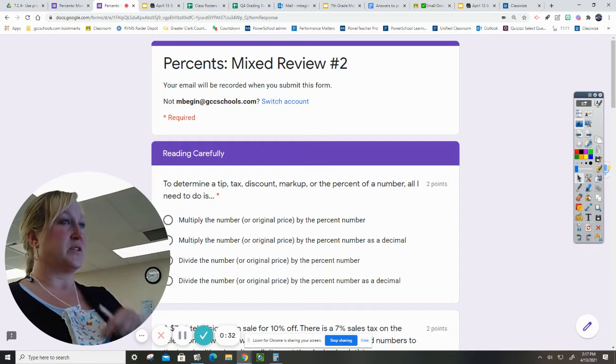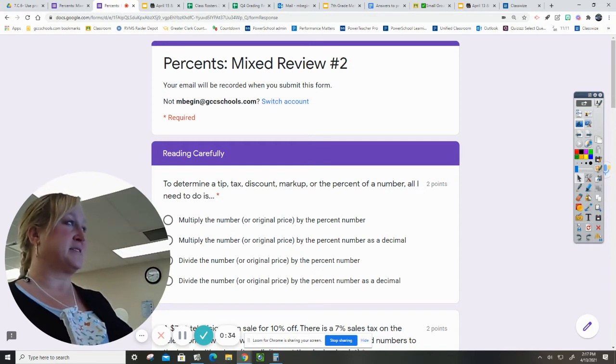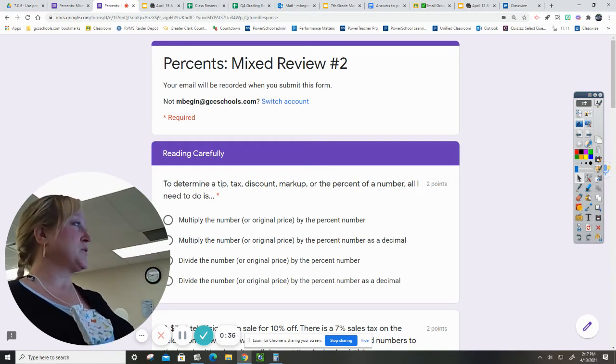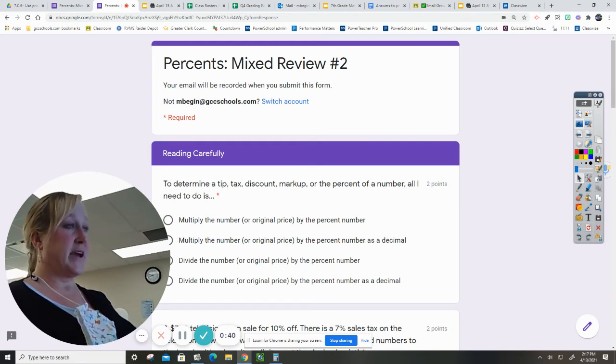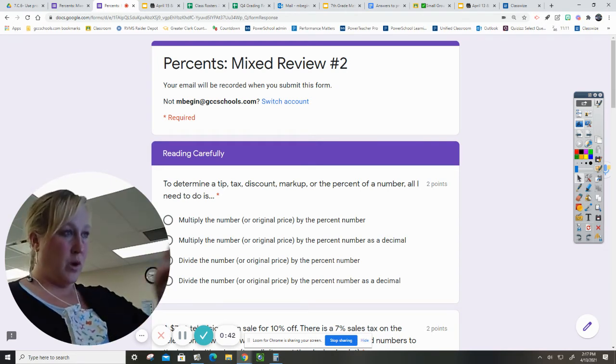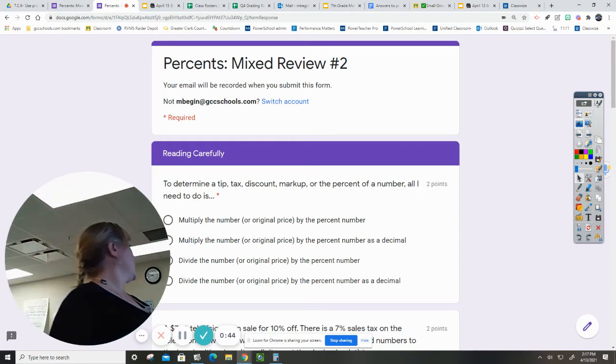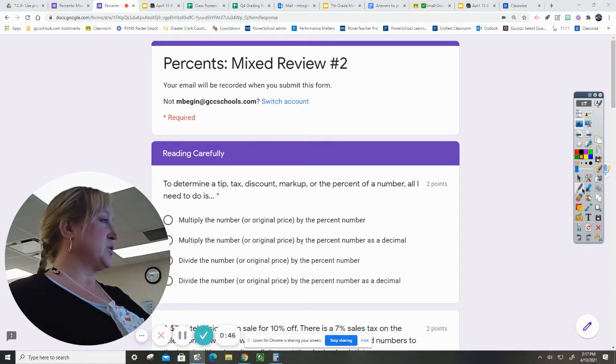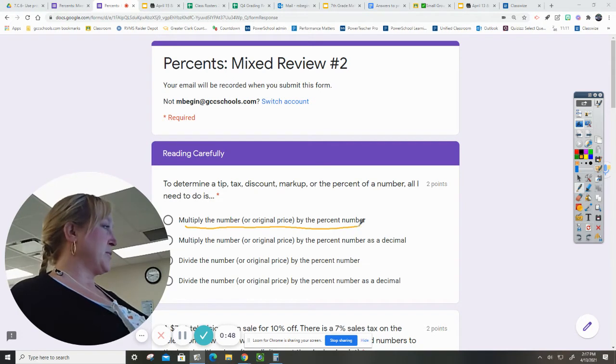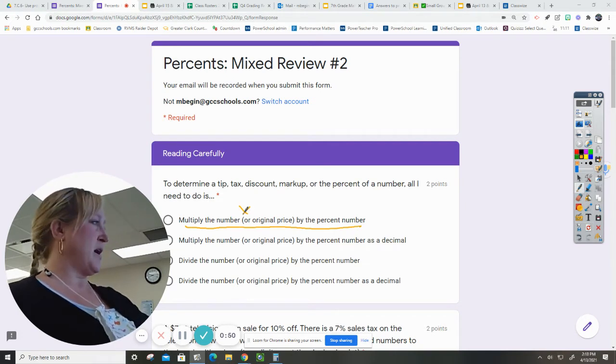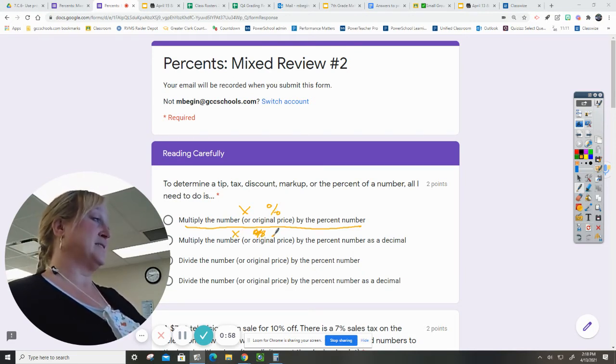So, first one, to determine a tip, tax, discount, markup, or the percent of a number, all I need to do is multiply the number or original price by the percent, but as a decimal.